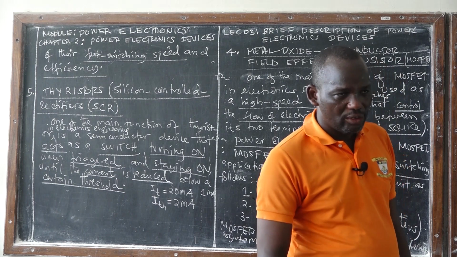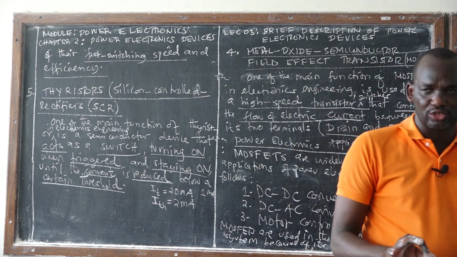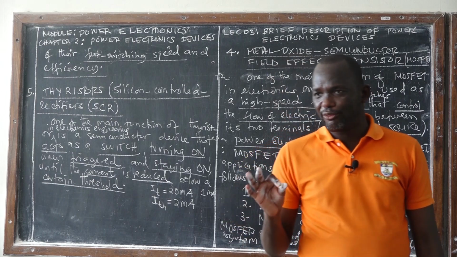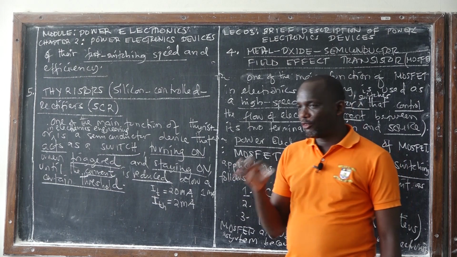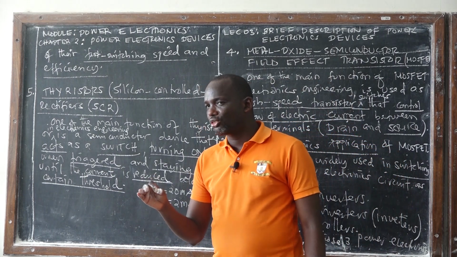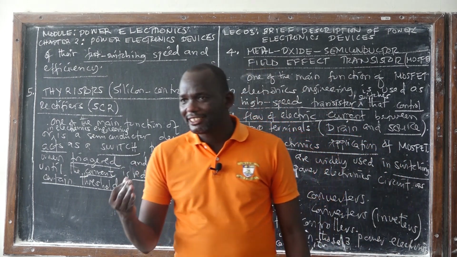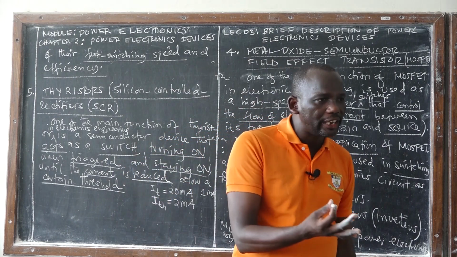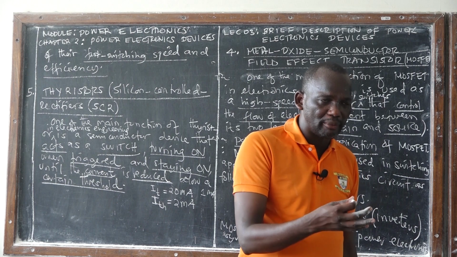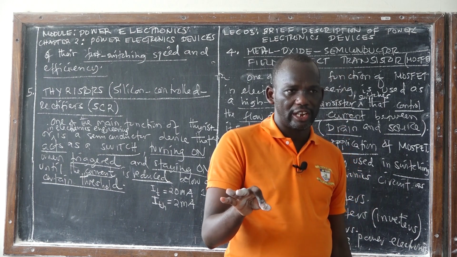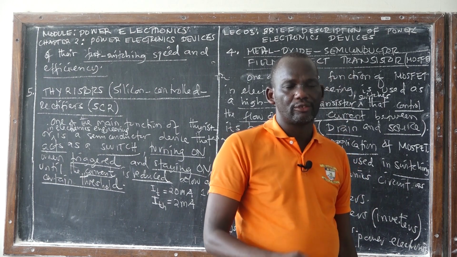And why are we discussing this main function? Because the function performed by a thyristor or silicon controlled rectifier makes it useful in power electronics. However, that function might be applied in other fields of electronics, but one of the fields is power electronics.